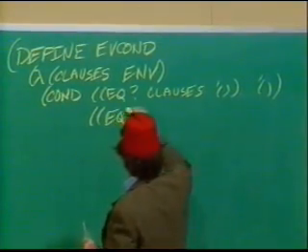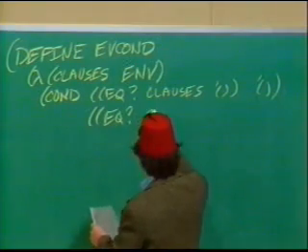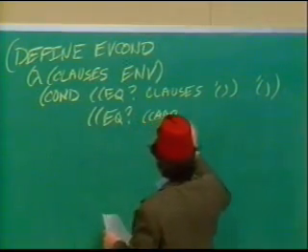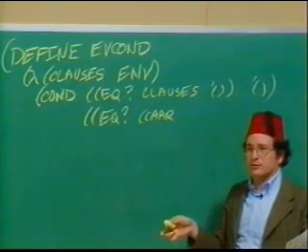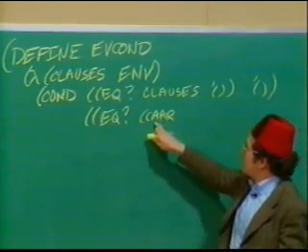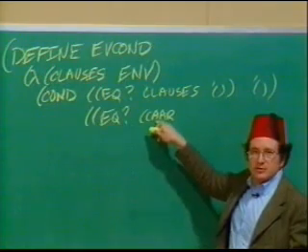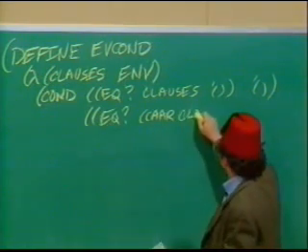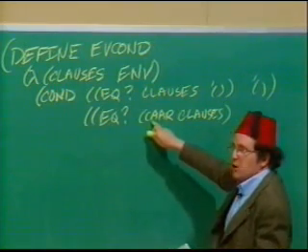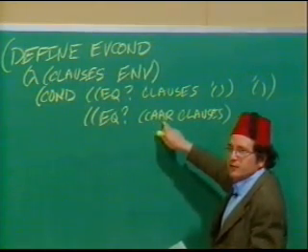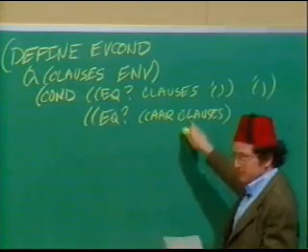If I've got an else clause, you see, if I have a list of clauses, then each clause is a list. And so the predicate part is the car of the car of the clauses. It's the car, which is the first part of the first clause in the list of clauses. Okay?